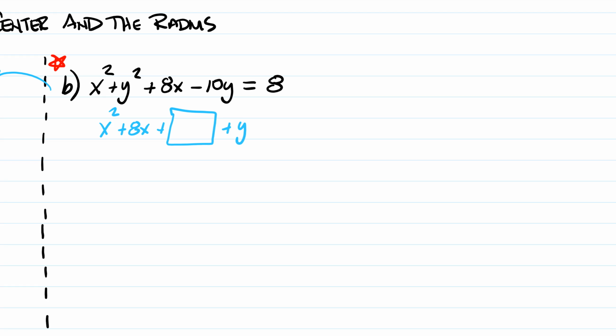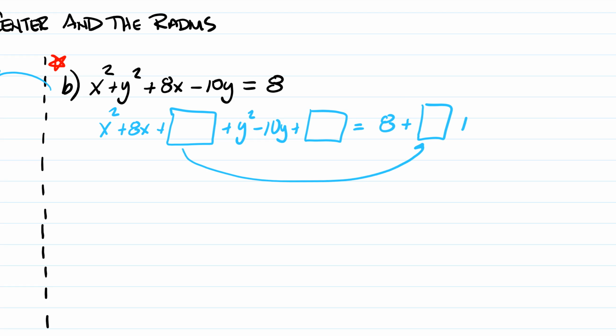And then plus y squared minus 10y. And then I'm going to leave some space to complete the square equals 8 plus whatever the first thing I added right here, I have to add to the other side. Plus whatever the first thing I added over here, I got to add to the other side, okay, to keep my equation balanced. So the question is, what number goes here?